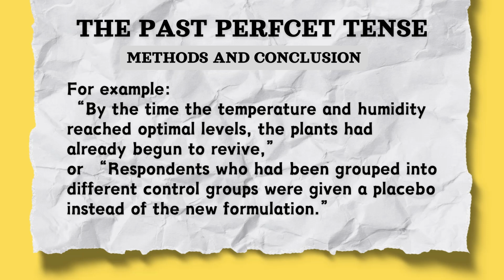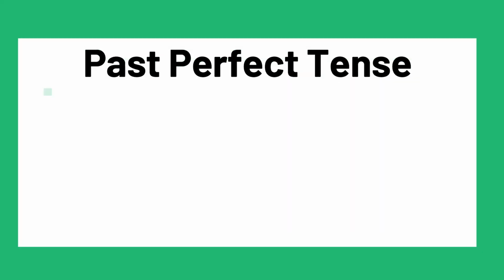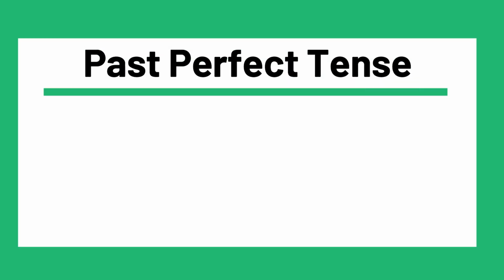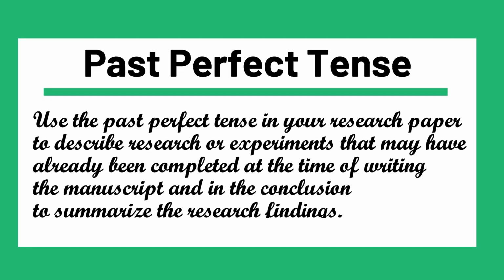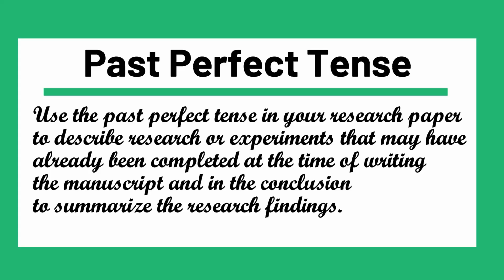The past perfect tense of the verb in this data is had been grouped. Use the past perfect tense in your research paper to describe research or experiments that may have already been completed at the time of writing the manuscript and in the conclusion to summarize the research findings.